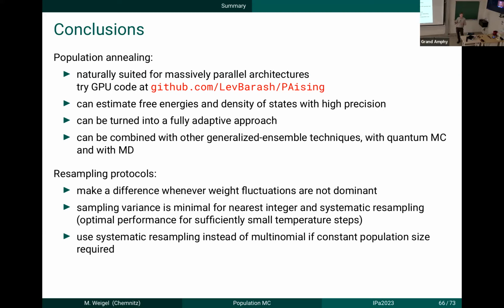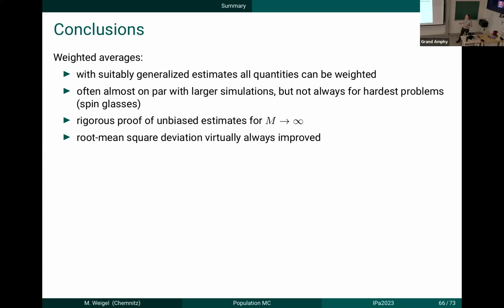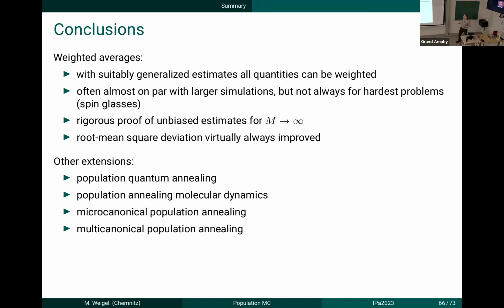But the distribution is actually an open parameter, and it makes a difference which distribution you choose, so you can optimize. And also the weighted averages seem a useful feature because they allow you, once you are done with your simulation, to make another simulation to reduce the systematic error instead of only reducing the statistical error, which is a good feature.